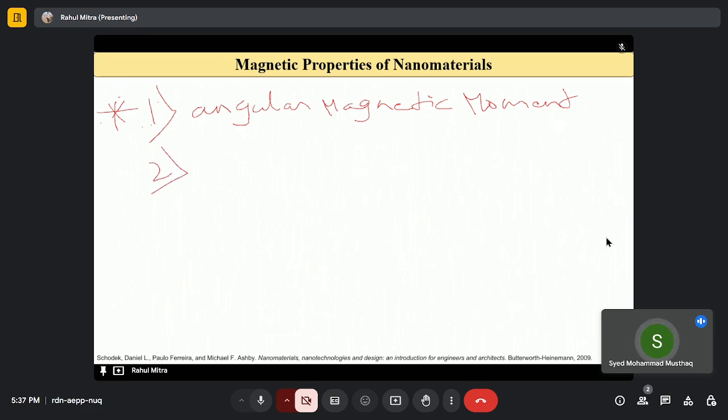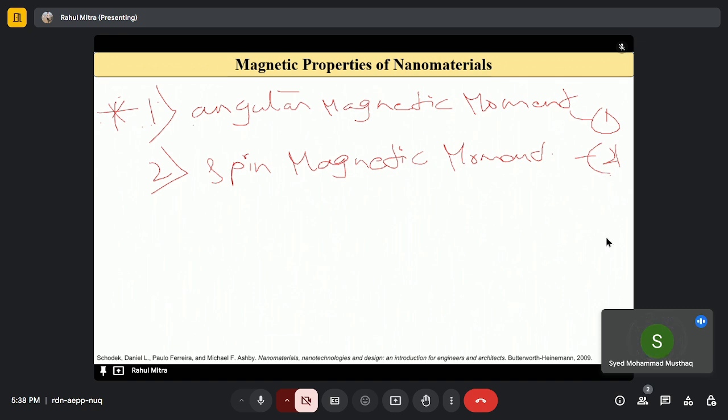If we represent the magnetism in terms of quantum numbers, then the first one is the angular magnetic moment, and the other one is the spin magnetic moment. These are the two magnetic moments.